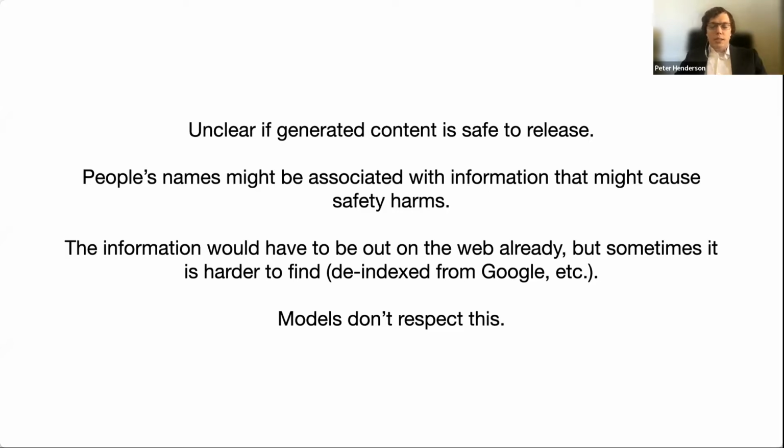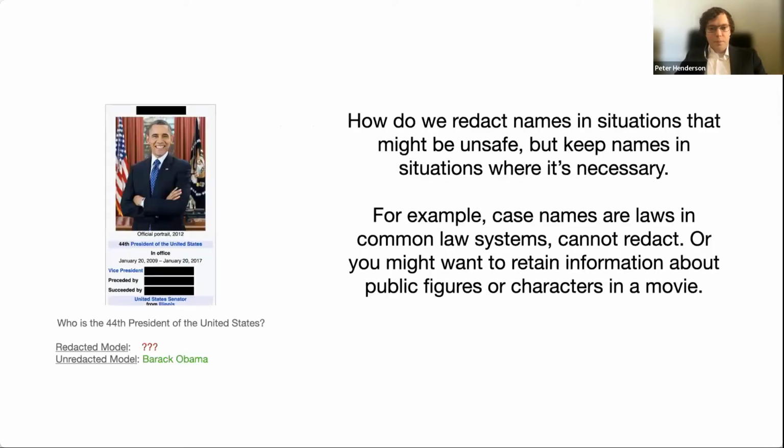It might be de-indexed. We don't know why it's on the internet. The internet, like I mentioned, isn't the most well-filtered place. And so really it's important to think about what kind of contextualized decisions we want to make about filtering content, just like the courts do.